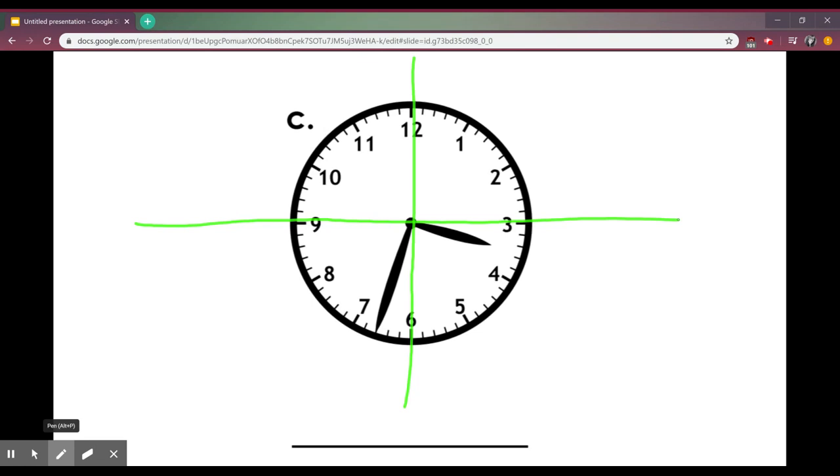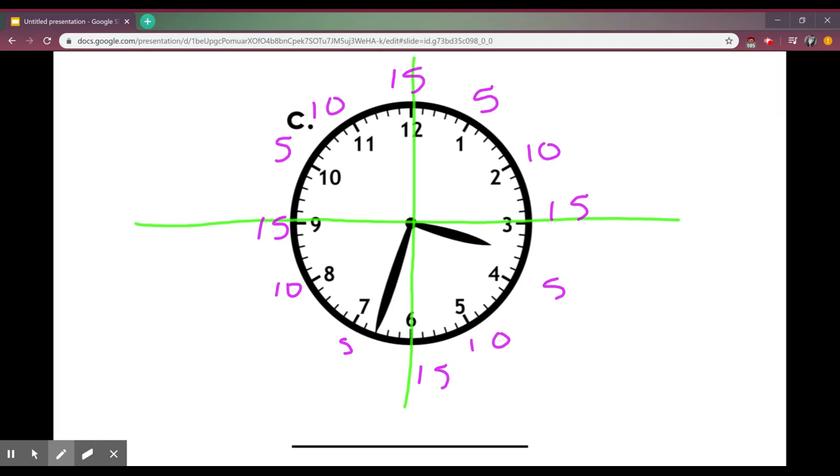So if I split this into 4 equal sections, a quarter on the clock is going to actually be 5, 10, 15 minutes. So there's 4 sections on a clock that are each 15 minutes.